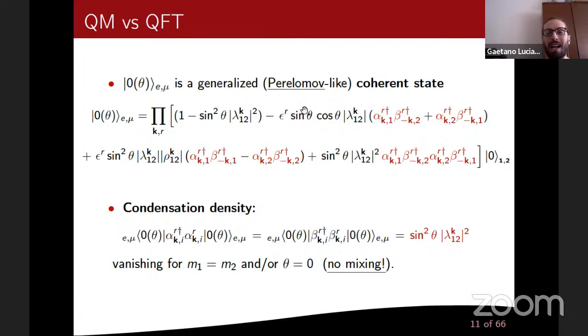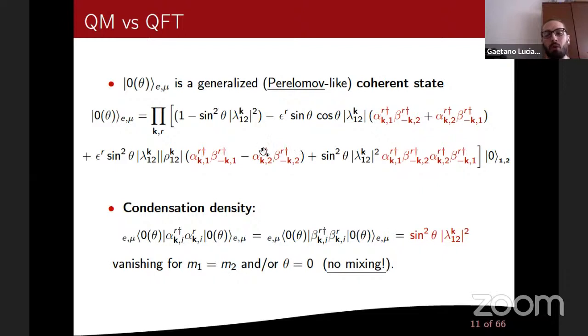But it is a generalized state because we also have objects with four units: here we have a particle and antiparticle with masses 1 and 2, but we also have a particle with mass 2 and an antiparticle with mass 1. So again we have couples of particle and antiparticle, but also objects made of four units. In this sense, this is a generalized Perelomov-like coherent state.